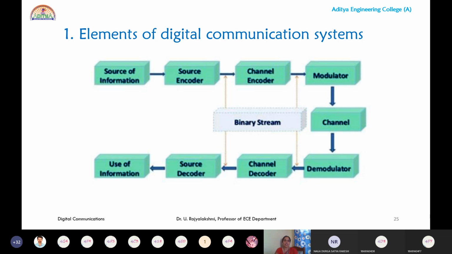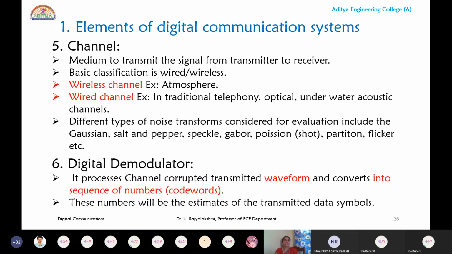That information sequence is fed to the source decoder. The source decoder converts the information sequence into the original format, the original analog component. The source decoder's functionality is opposite to the source encoder, and the channel decoder's functionality in the receiver is opposite to that of the channel encoder. Finally, the source decoder generates the analog component for the destination terminal.